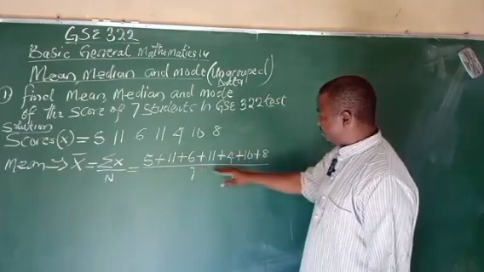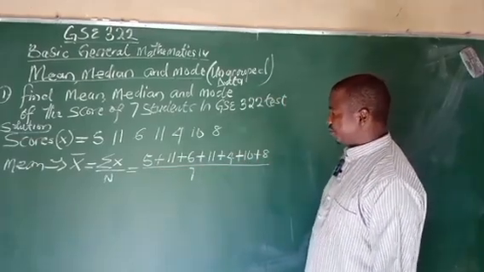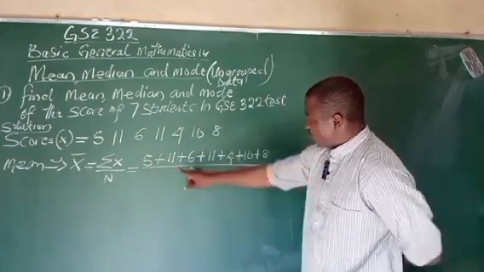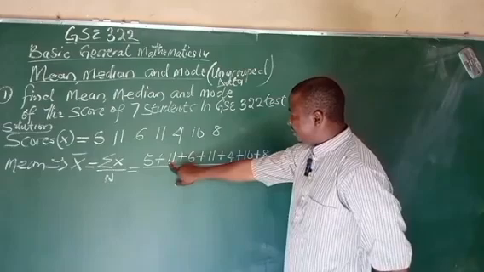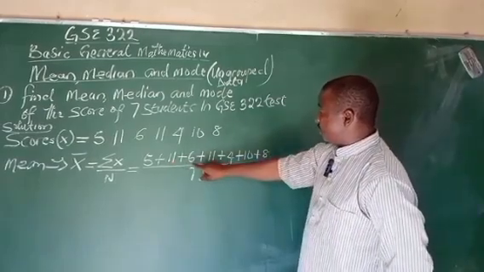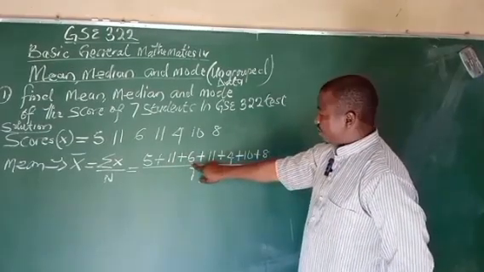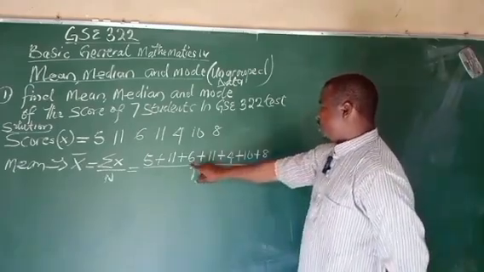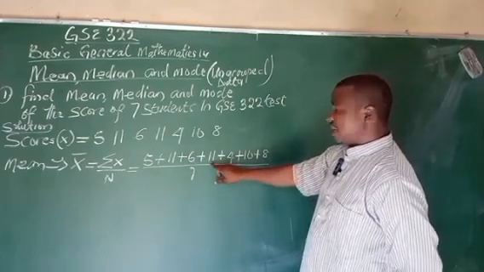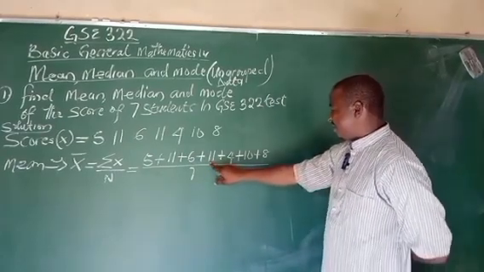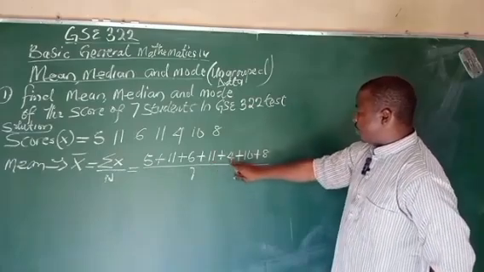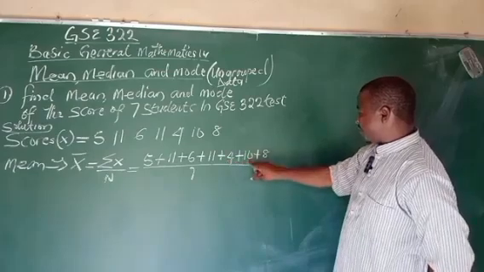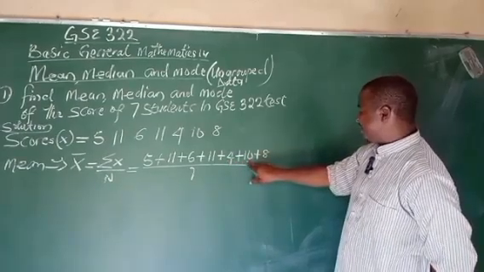Now what do we do? We need to sum all of these. Here we have 5 plus 11, we have 16. 16 plus 6, we have 22. 22 plus 11, we have 33. 33 plus 4 is 37. 37 plus 10 is 47.